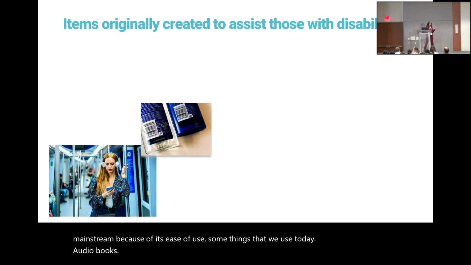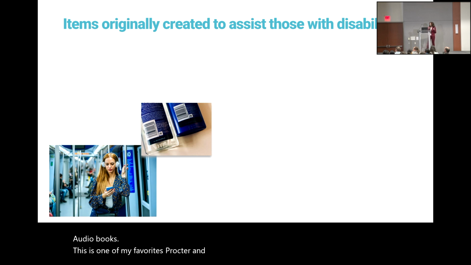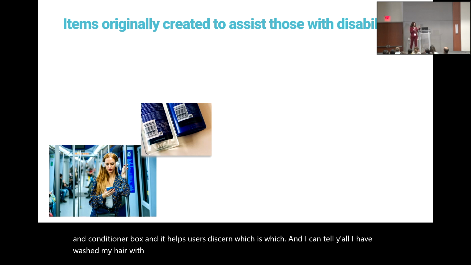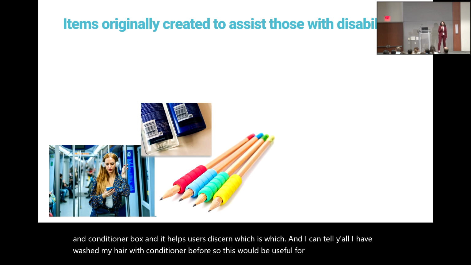This is one of my favorites. Procter & Gamble put notches on the bottom of their shampoo and conditioner bottles, and it helps users discern which is which. And I can tell y'all, I have washed my hair with conditioner before, so this would be useful for me. Pencil grips.